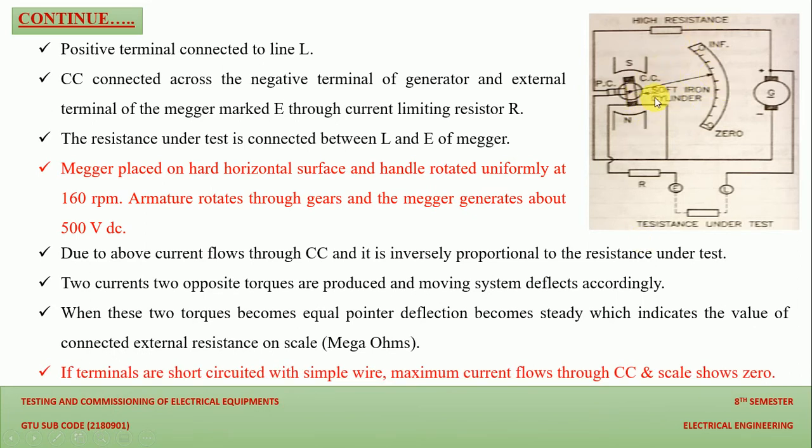And if the terminals are short circuited with a simple wire, the maximum current flows to the CC and the scale shows 0. 0 means there is no insulation resistance.